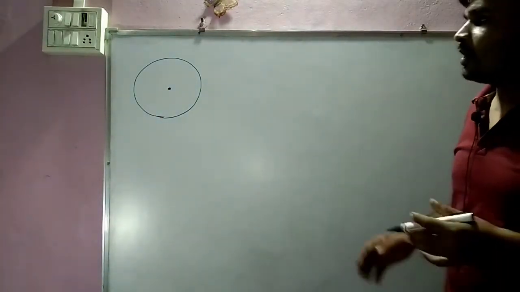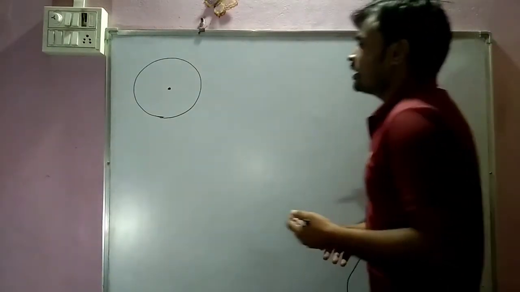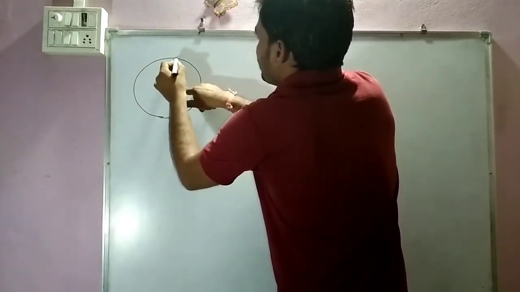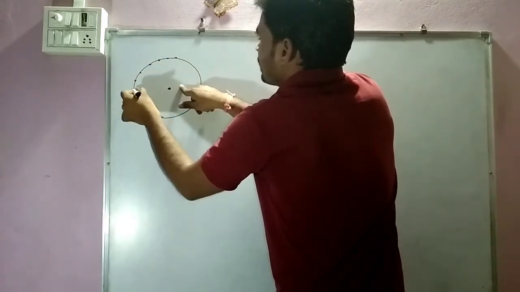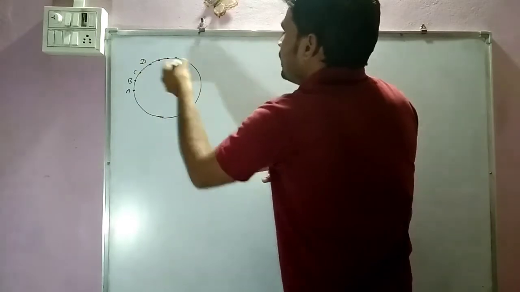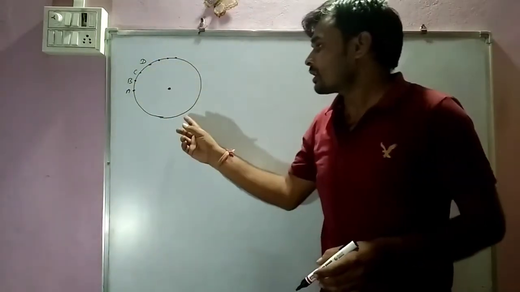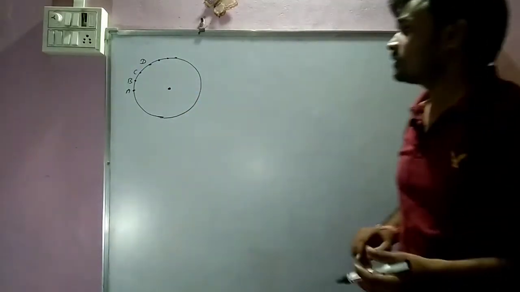But for its actual definition, we plot some points on the circle, like points A, B, C, D, and there are a lot of points we can draw on this circle. We can say that there are infinite points on this circle.